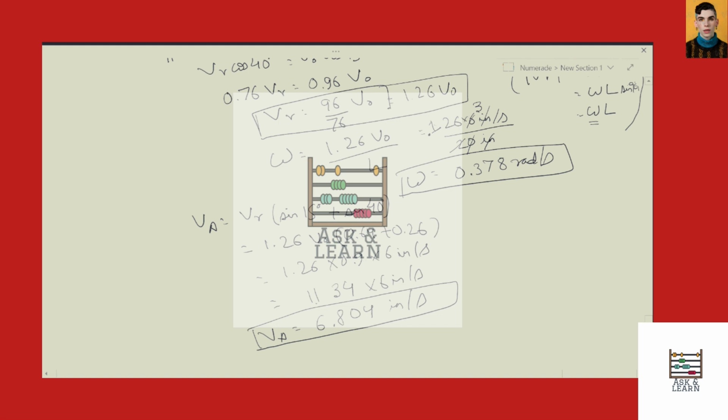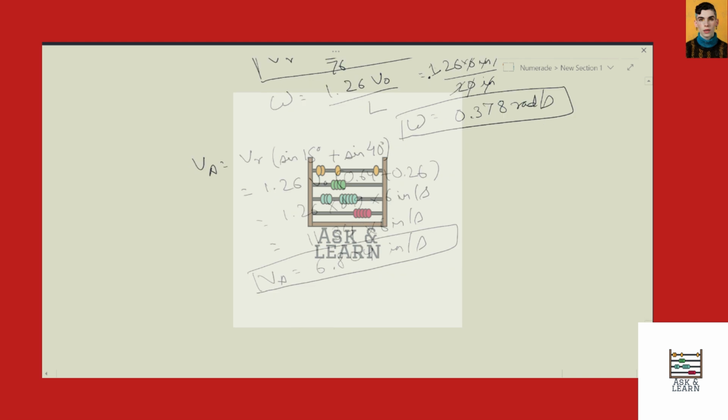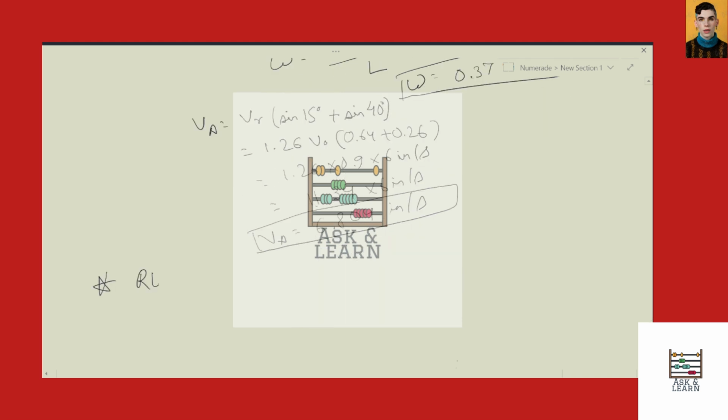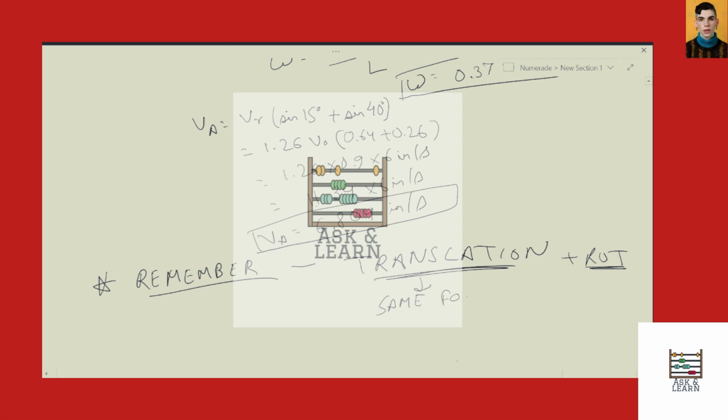So what are the basic points here? I'll just write them down so that you remember. To solve any of these kind of problems, all you need is to break it down into translation plus rotation. And translation is same velocity for each point. This is your first step.